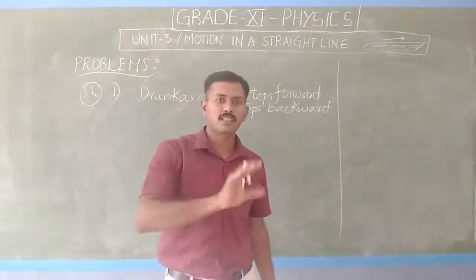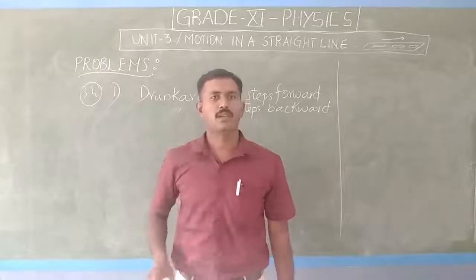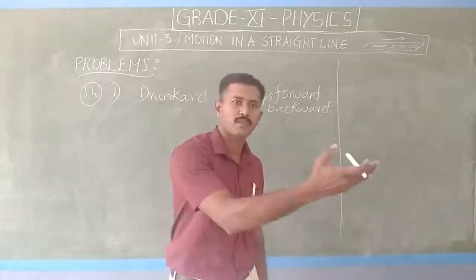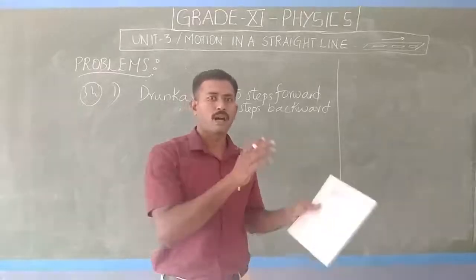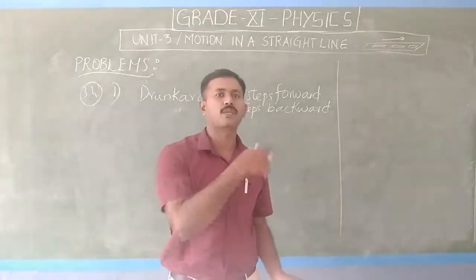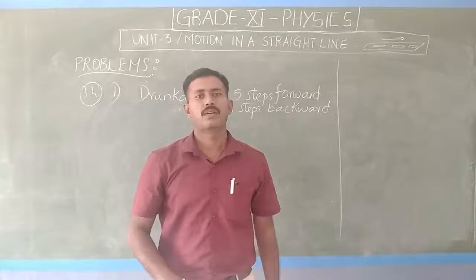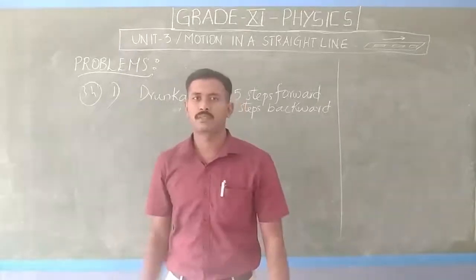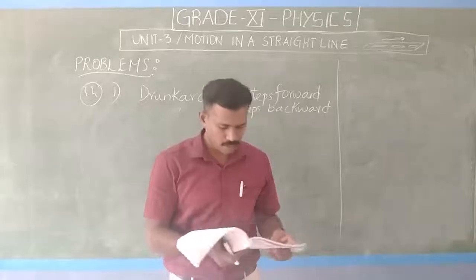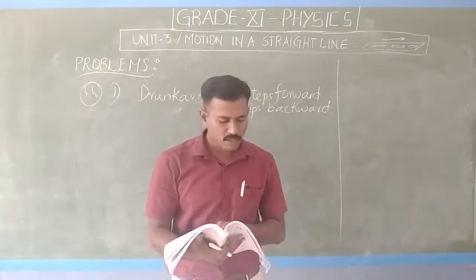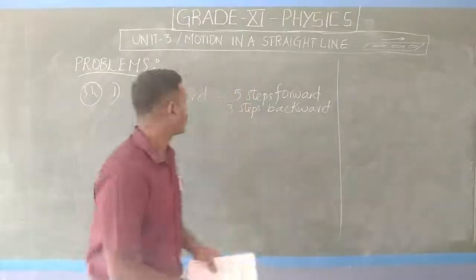He goes 5 steps forward and comes back 3 steps. After that, from that place he again moves 5 steps forward and returns 3 steps backward. This is the way the drunkard moves.